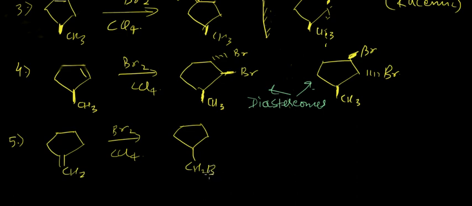It won't be a chiral center here because two hydrogens are here, and one would be something like this, and another would be something like this. Please remember that there will be no optical activity from this carbon atom, so we will be directly getting these two.